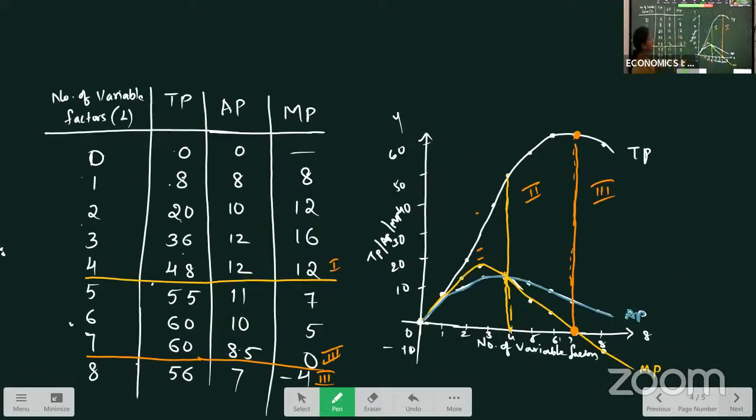So this can be explained with the help of this table and graph. In the table, number of variable factors, we have TP, AP and MP. TP is the total output, AP is the average output and MP is the additional output which is produced by the labor.